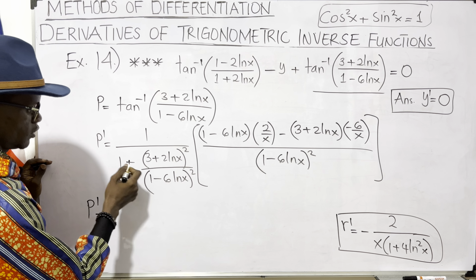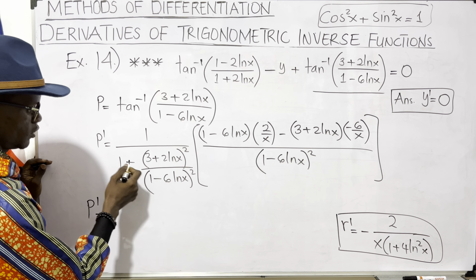So this cancels this. So now we see that we have p prime equals, this whole numerator now is just 1 plus 9 is 10. 10 times 2 is 20. So it's 20 over x. That's the numerator.